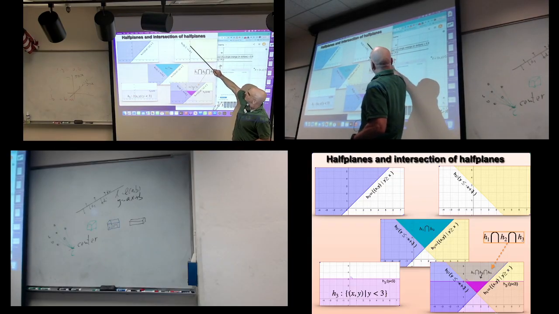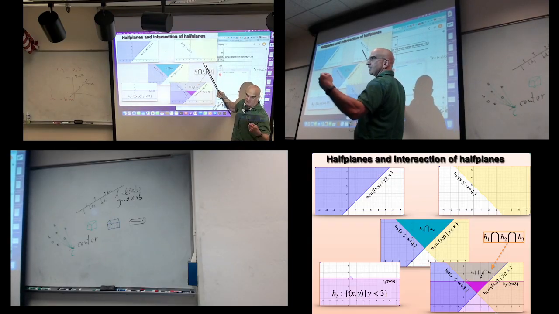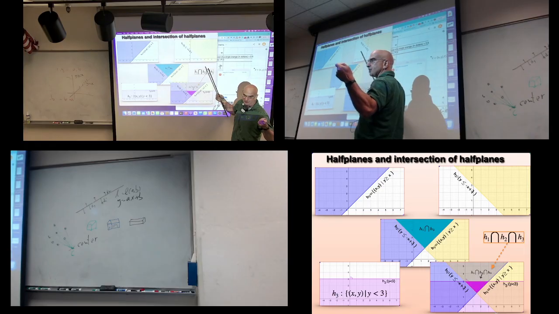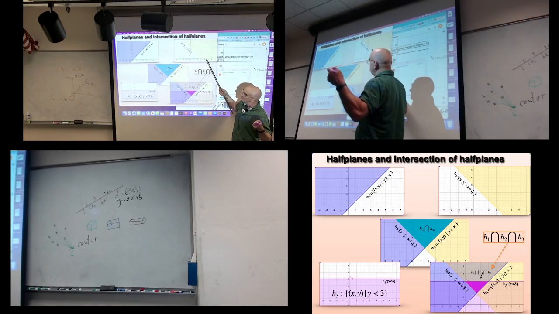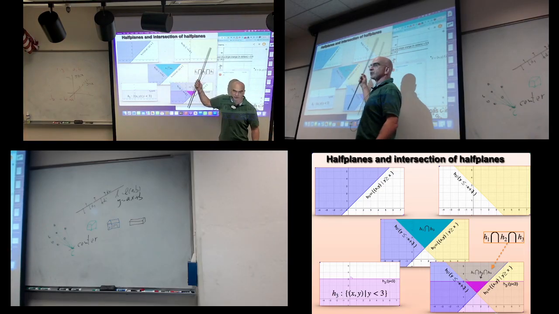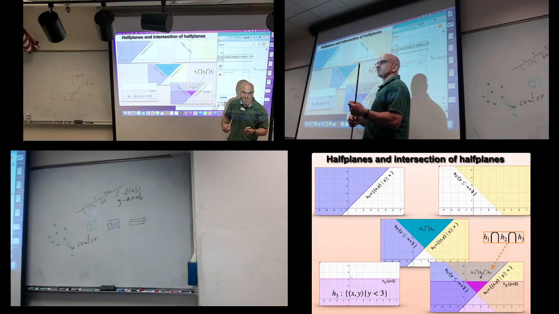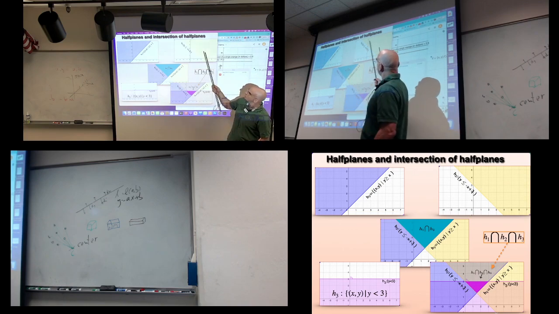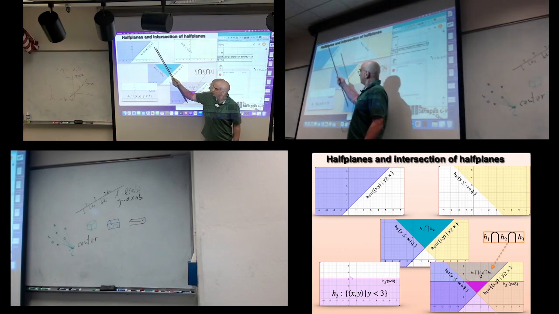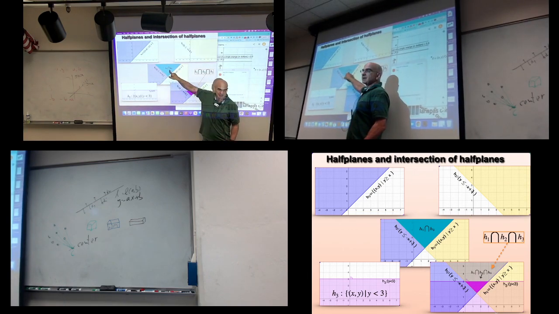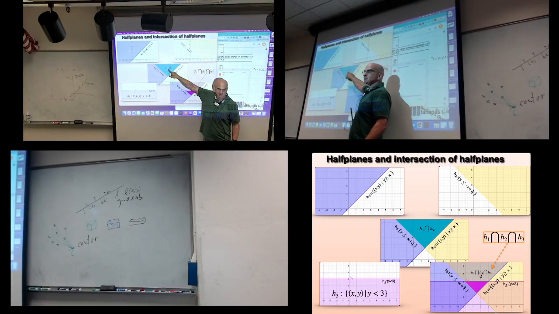A point that satisfies both conditions has to be in the intersection of both sets. A pair xy that satisfies both this condition and this condition is in the intersection of the two half planes, H1 intersection H2.